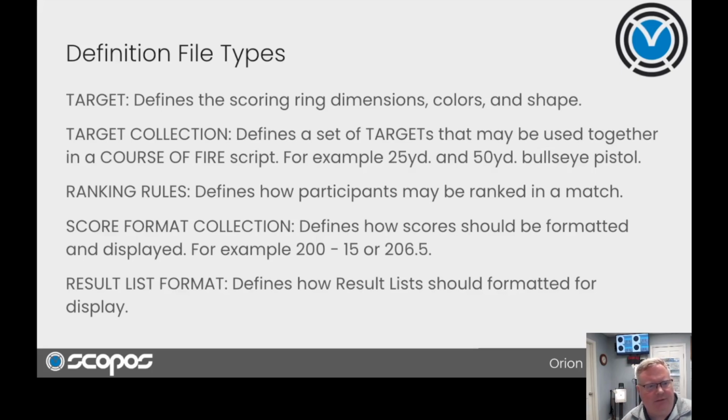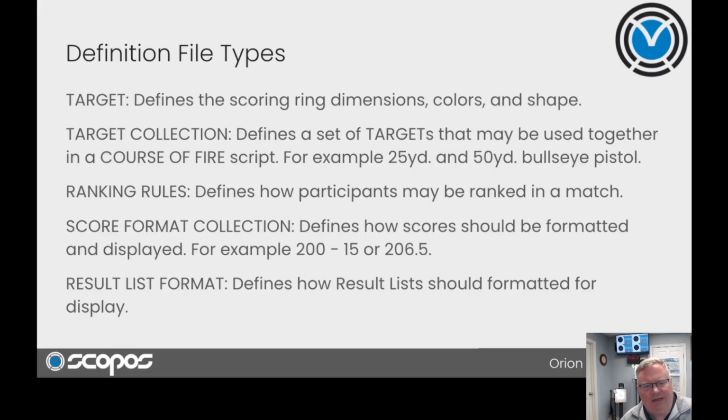Then the final three sets all pertain to results and how to display them. Ranking rules. We just had an example of a ranking rule to define how participants get sorted, get ranked within a match.